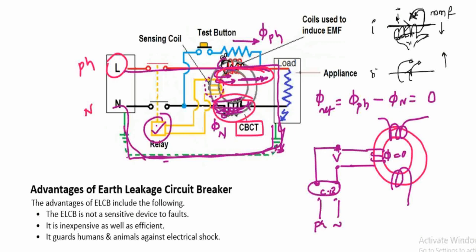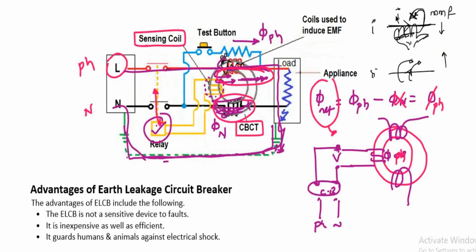So this will cause some net flux, that is the phase flux. Due to this phase flux, an EMF will be induced in the relay coil. This EMF will be sensed by the relay and the relay will send a signal to the circuit breaker to open the source. So if there is net flux, the circuit breaker will open. If there is no net flux, the circuit breaker will stay closed.